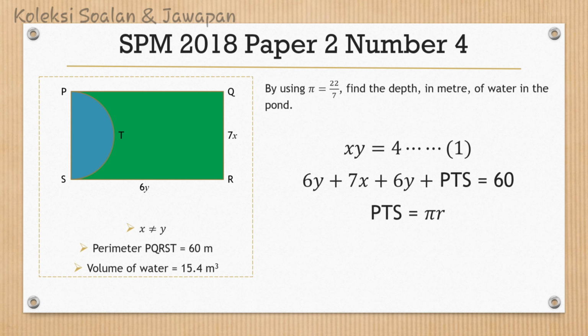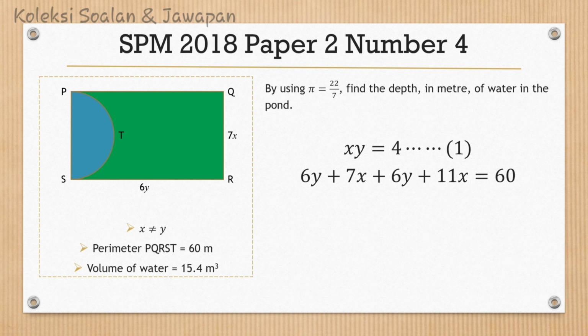So the formula is pi r. So pi is 22/7. R is the radius, which should be 7x/2 because 7x is its diameter there. So then we can cancel out 7 and 7, and 22/2 is 11. So we get 11x. Then substitute PTS equals 11x there and solve.